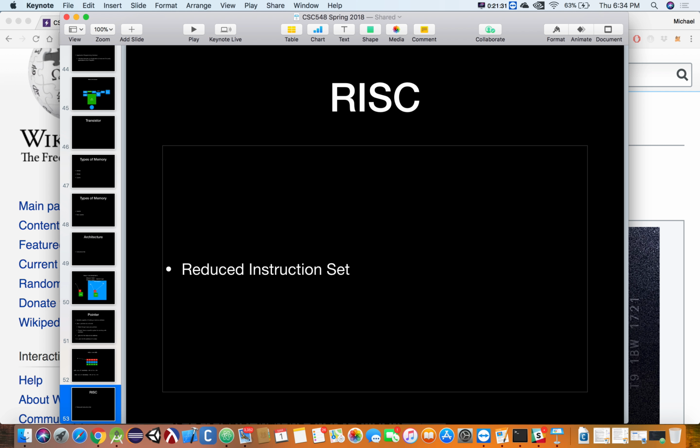So is this idea of a reduced instruction set new, or has it been around for a while? What do you suspect? It's been around. Wouldn't they need that to make things smaller quicker? Well, possibly. That's actually not a bad approach. If we go back to the earlier days of computing, they may have been looking for ways of allowing processors to do more with less.